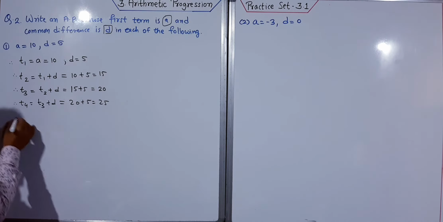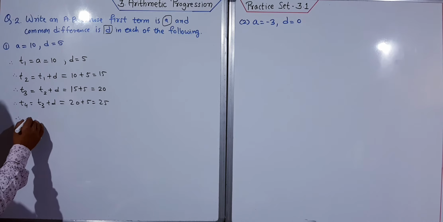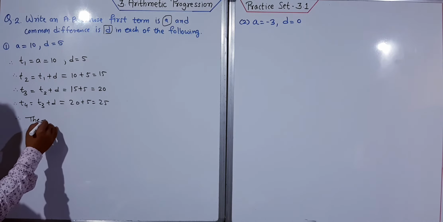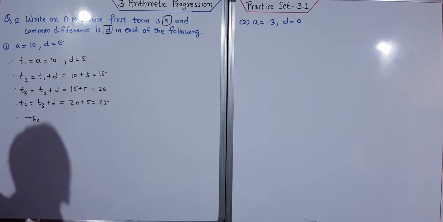Therefore what do we ask, write an AP. AP means arithmetic progression. For the given sequence, the AP is 10, 15, 20, 25, and so on. This is known as an AP.